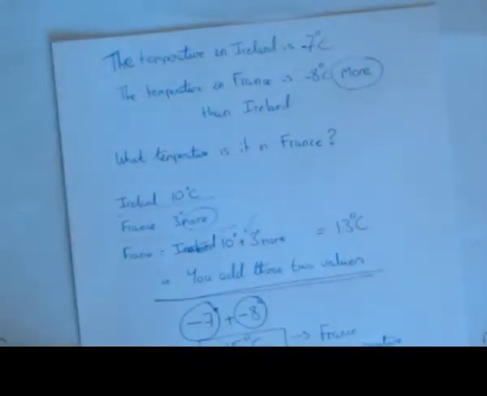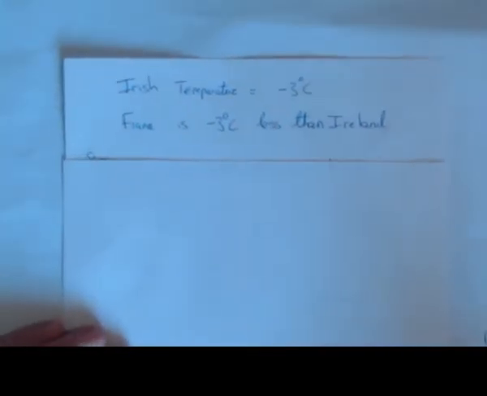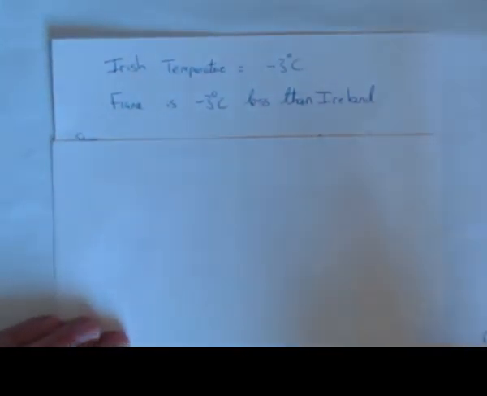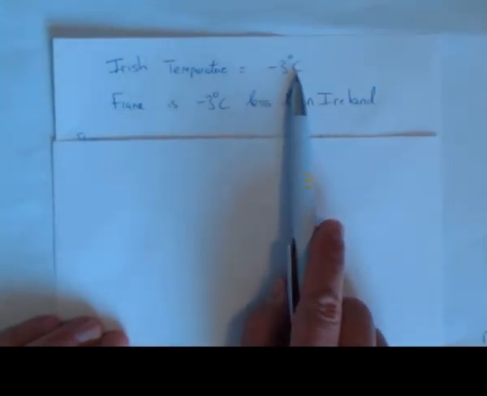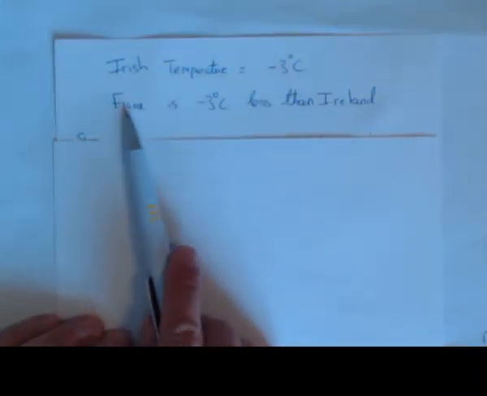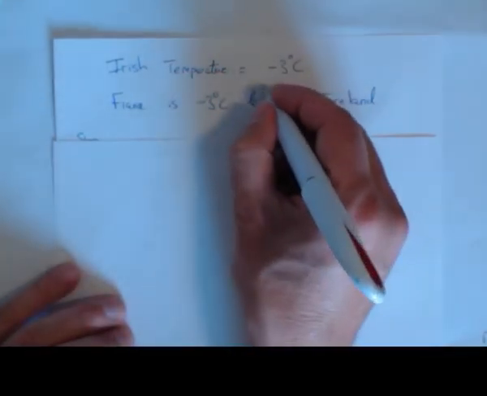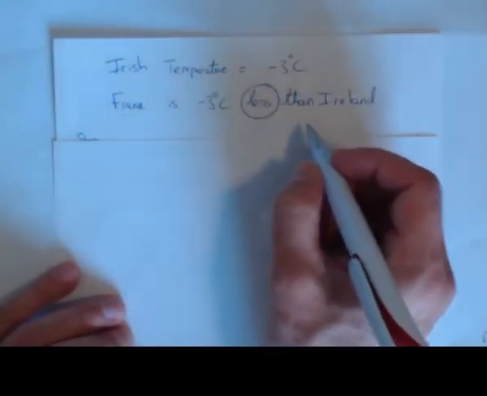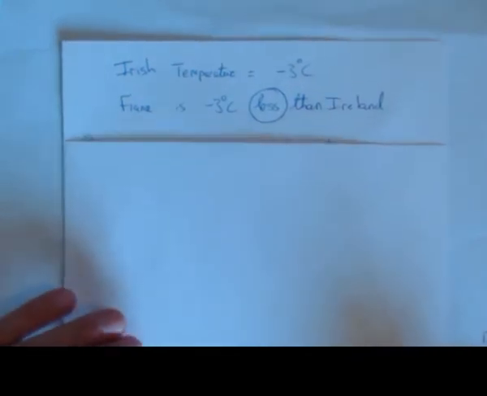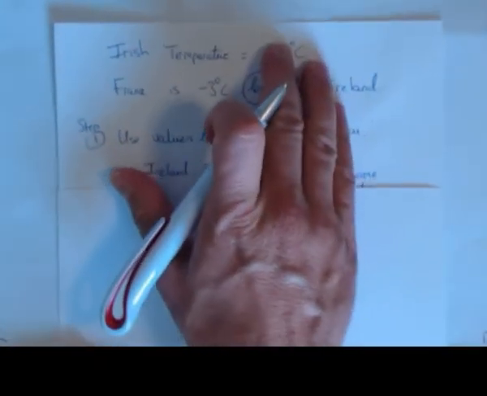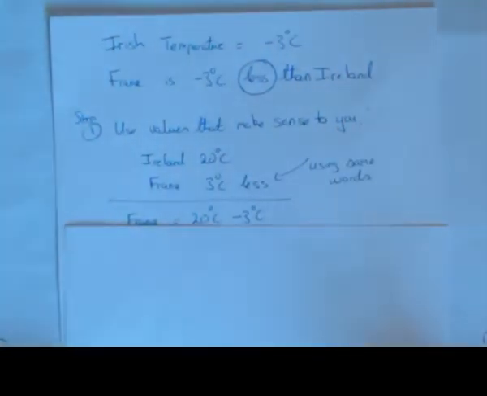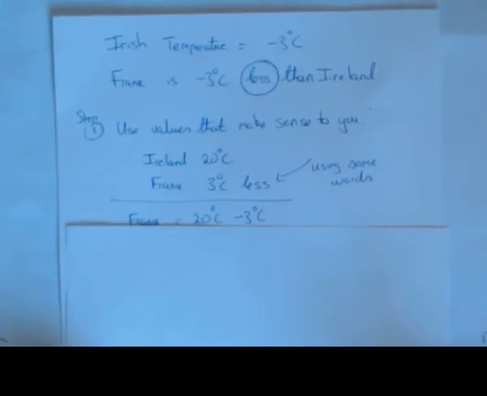Let's have a look with slightly more awkward numbers and a different question. The Irish temperature is negative 3 degrees centigrade. The French temperature is minus 3 degrees less than Ireland. So this is the thing we're looking at. We're looking at less than Ireland, and we want to know what the temperature is in France. So again, our first step is to use values that make sense to you.